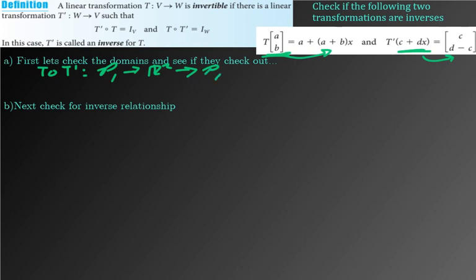So that checks out, that's good. If we flip things around, we should still kind of start and finish at the same spot. So T starts at R2, and then we map to a linear function. And then we map, so now we're in the domain of T prime, and we go to an R2 kind of vector.